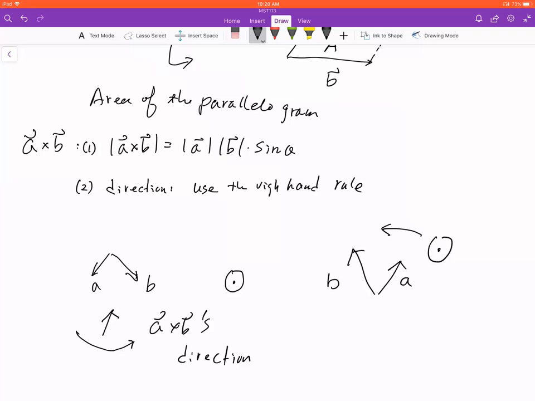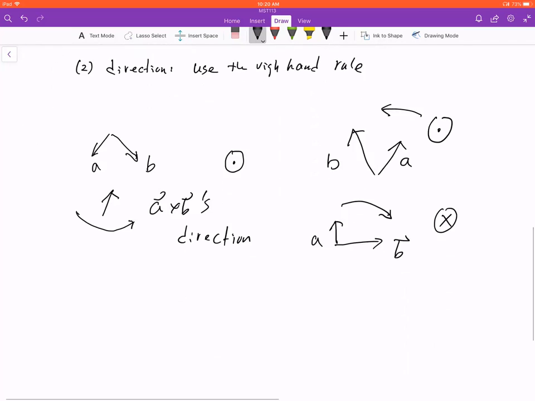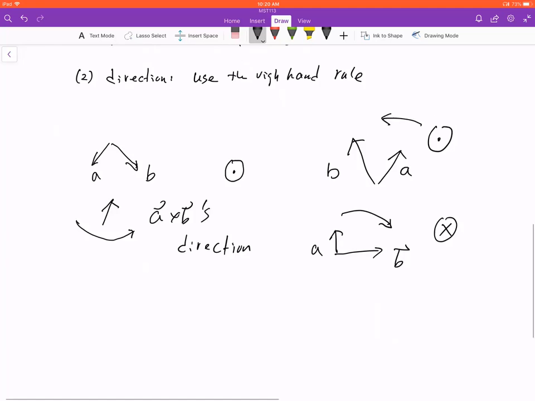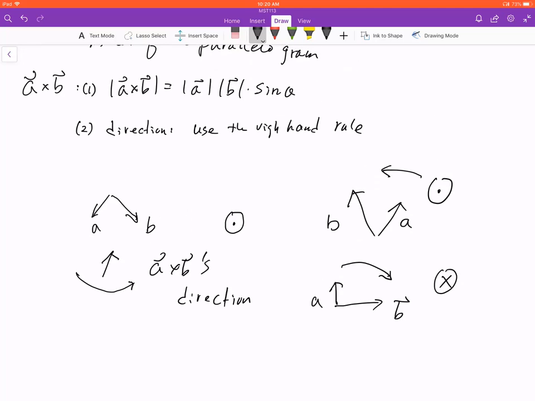But if you have A on this side and B on this side, and you curl your 4 fingers this way, then the direction goes inside the screen, and we use a cross inside a circle. So this is the direction of the vector A cross B. That's also why, if you swap the position of B and A, you get the negative of the original vector.